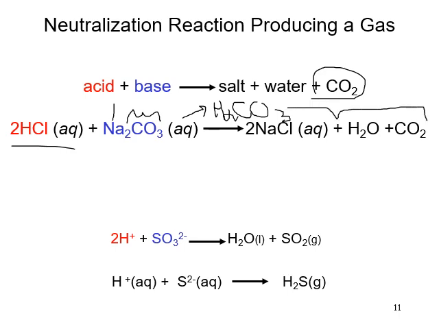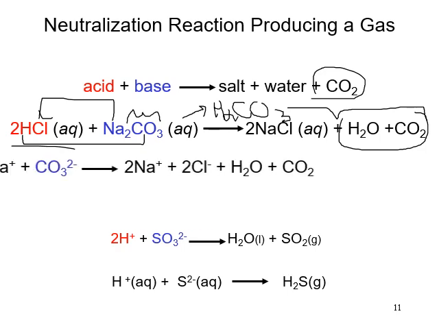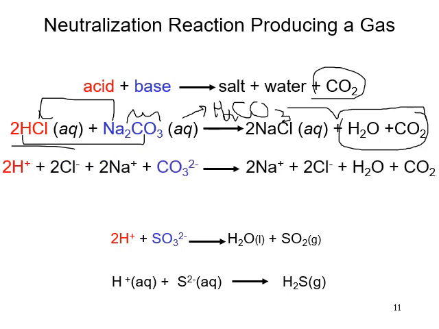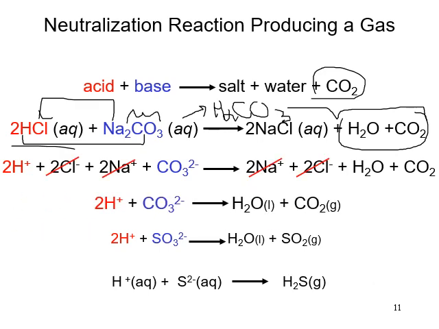So sodium goes with chloride, hydrogen goes with carbonate to make carbonic acid, which decomposes into carbon dioxide and water. I'm showing you here the complete ionic equation and the net ionic equation. So there's your net ionic equation to make the carbonic acid, which then goes to carbon dioxide and water.